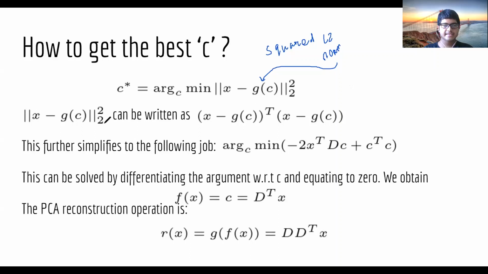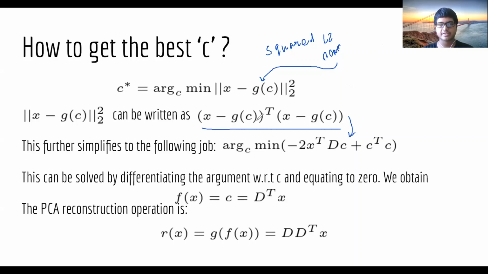So x minus gc can be represented as this thing, because I have defined earlier that the L2 norm of a vector x is root over x transpose x. So the squared L2 norm is going to be x transpose x. Now this is what we get: x minus gc whole transpose into x minus gc. Now here to here is a large jump, it requires a lot of calculation, so bear with me a bit. Just try to simplify this. There is nothing much of any rocket science stuff.